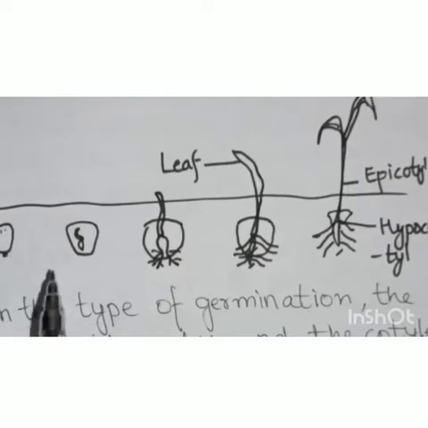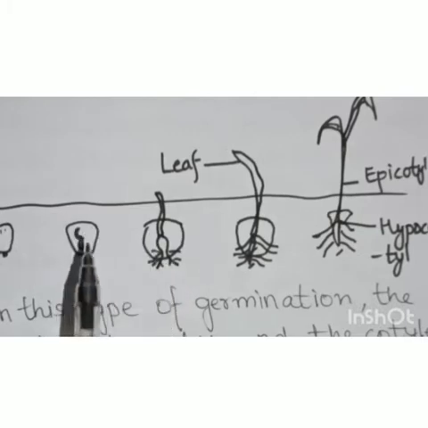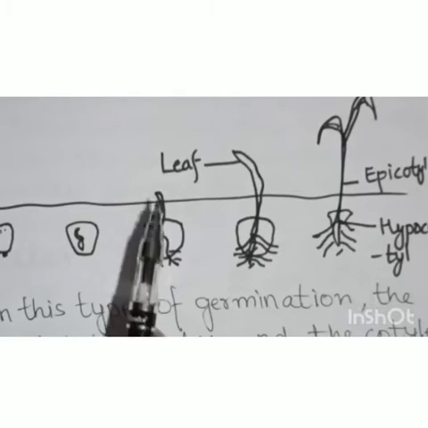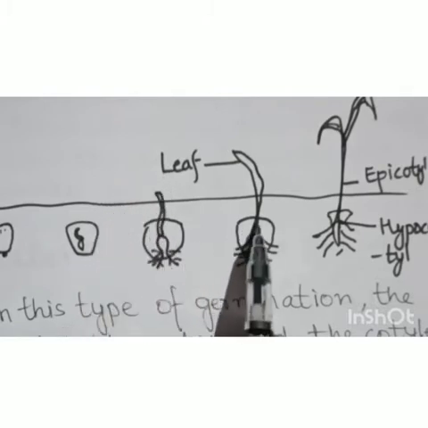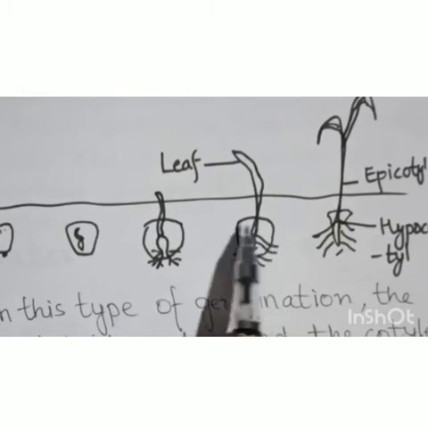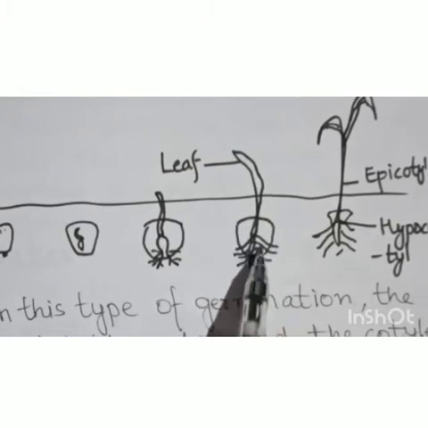it starts growing, it starts germinating. So here you can see the radicle comes out first and forms a root, and then after this the plumule starts growing. And here you can see the epicotyl starts growing. The cotyledons are still inside the soil. Why?